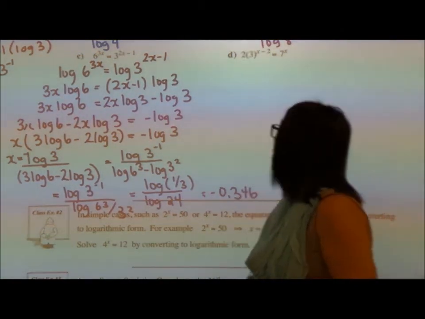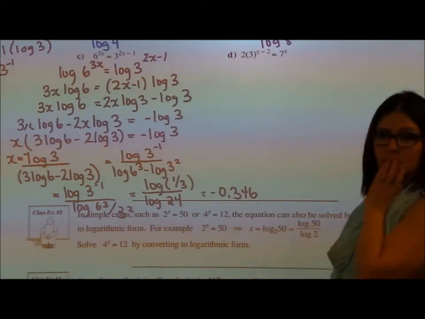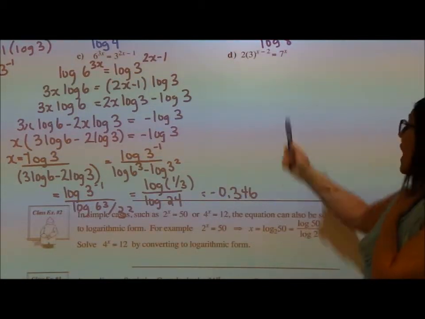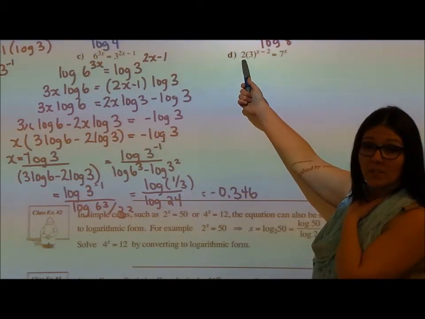Okay. Question D. Is this a simple exponential equation, or is it more complex? Complex. What makes it complex? You have that exponent on both sides here, plus I have this, where I'm multiplying by the 2.